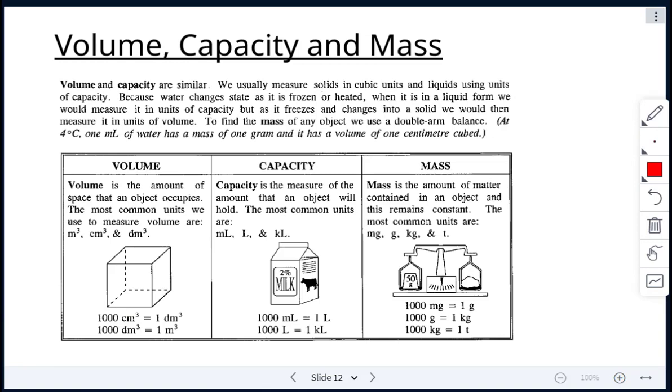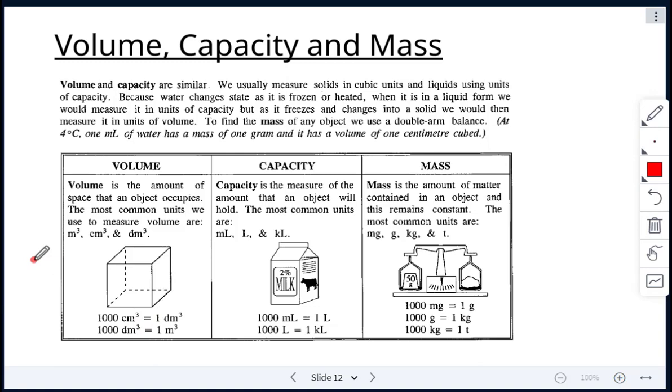So next we're just looking at volume, capacity, and mass. Volume and capacity are similar. The only difference here is we measure solids in cubic units. So here's volume. It's measured as cubic units, like centimeters cubed, decimeters cubed, so on. Volume is the amount of space that an object occupies.